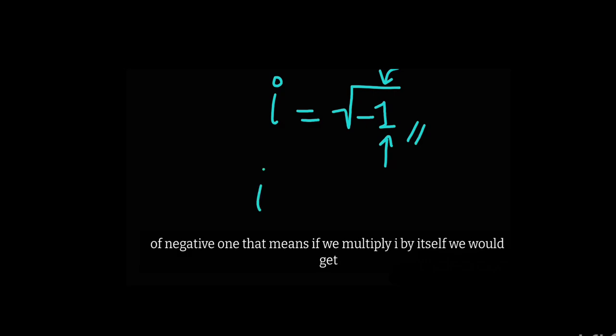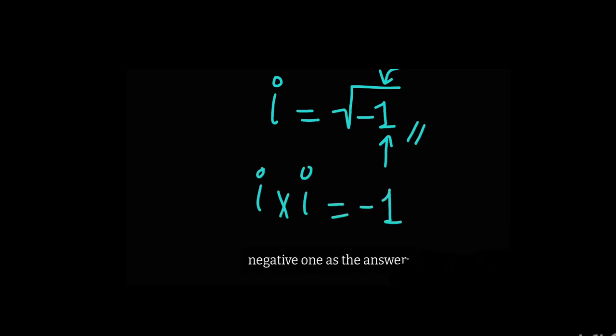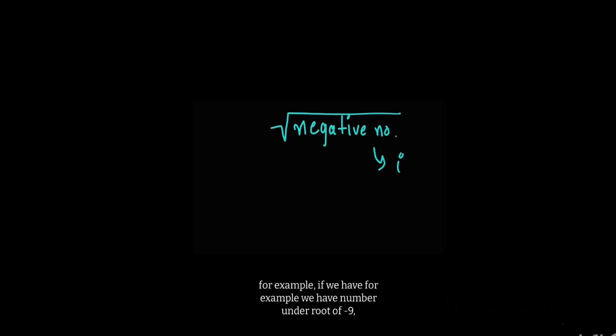That means if we multiply i by itself, we would get negative 1 as the answer. So whenever we have a negative number inside of a square root, we can express it in terms of i. For example, we have the square root of negative 9.